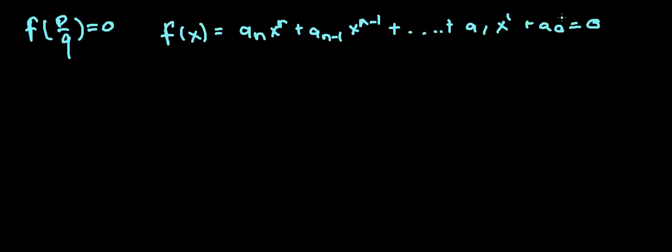And we set it equal to 0 because we're looking for the zeros of our function. So therefore we need to set our equation equal to 0.